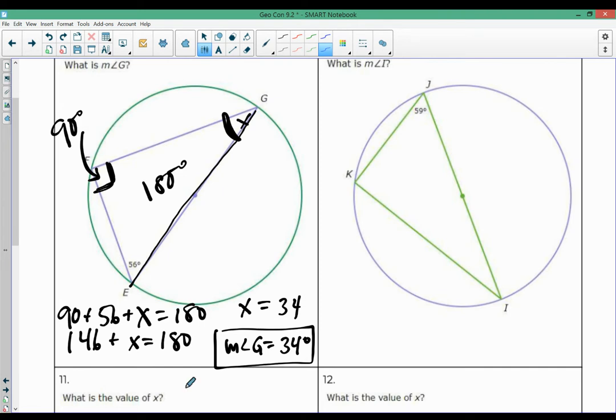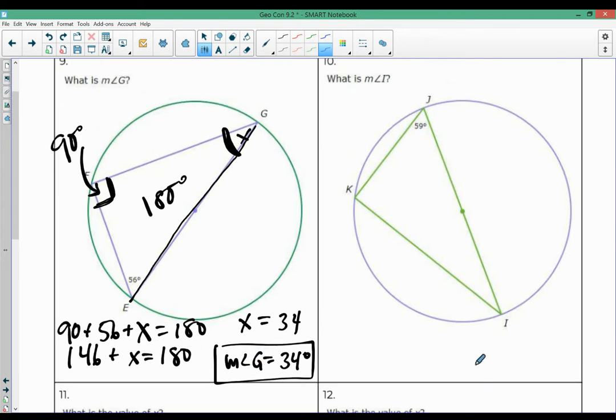All right, this one's pretty much exactly the same, just with different numbers. We want to know the measure of angle I. We can call that x for now. Since JI is a diameter, angle K is a right angle, which is 90 degrees. And the whole triangle is 180 degrees.